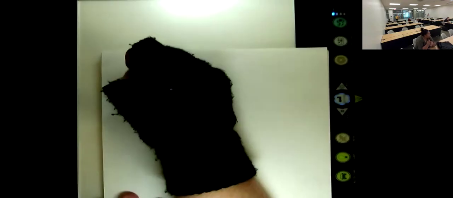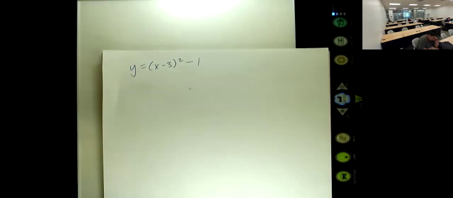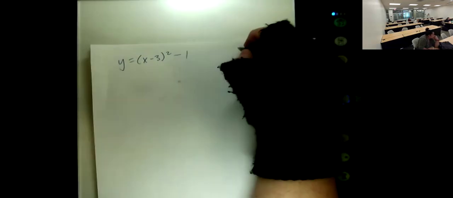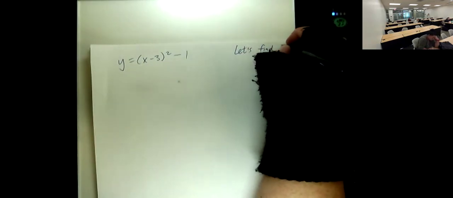So like if we have y equals x minus 3 squared minus 1. Let's find 2 different ways to parameterize this.